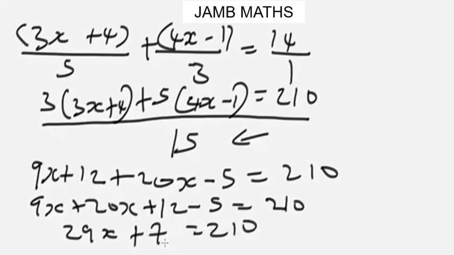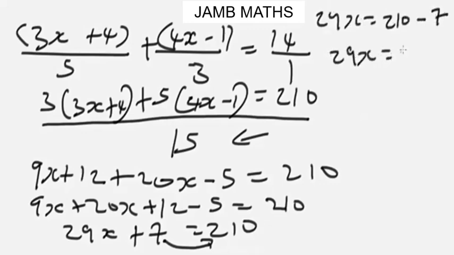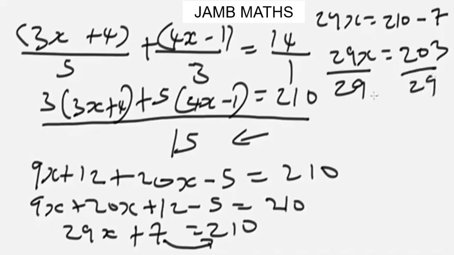When we collect the number term, this plus 7 because of the equality sign changes to negative. So we're going to have 29x equals 210 minus 7. So we are left with 29x equals 203. Now divide both sides by 29 to make x the subject of the formula.